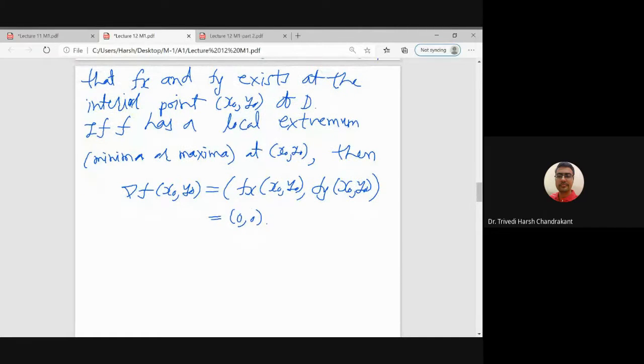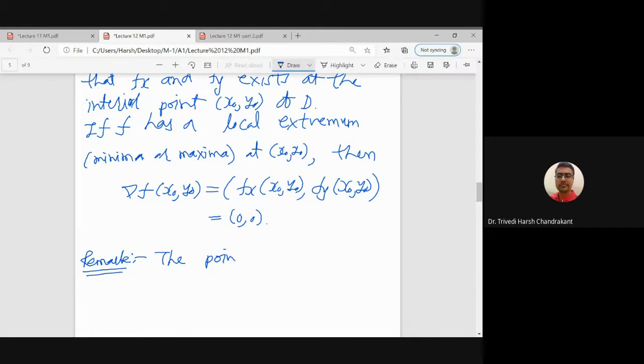So what does this mean? Let's write it down in a remark. What are the critical points? The point x naught, y naught satisfying this necessary condition, that means both these equations are satisfied at that point.